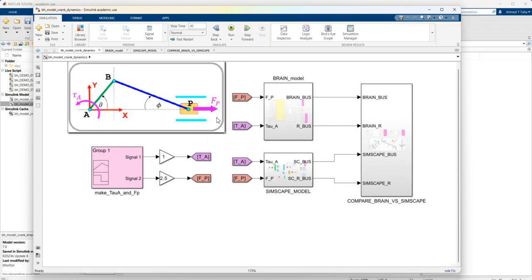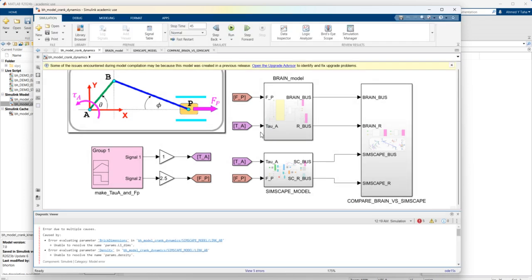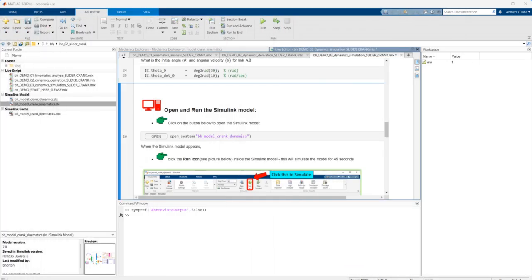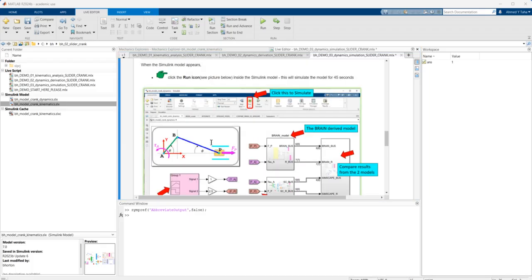Okay, so let's run this one. So away from the errors, let's see how the results are going to be. This one, we click run.